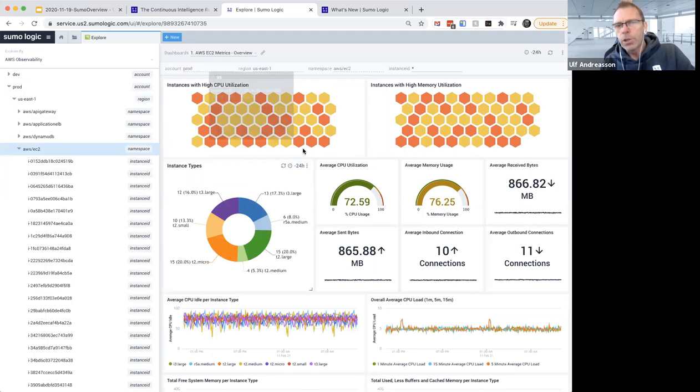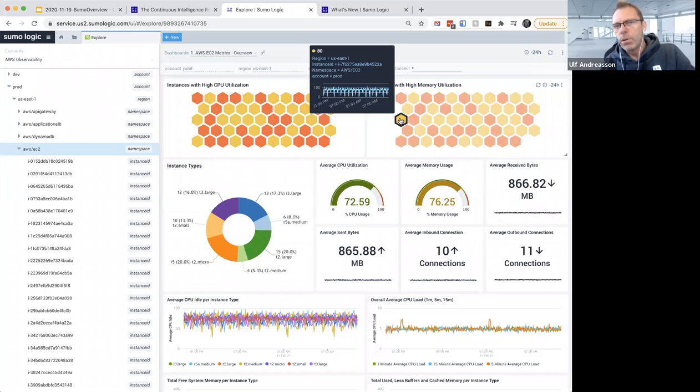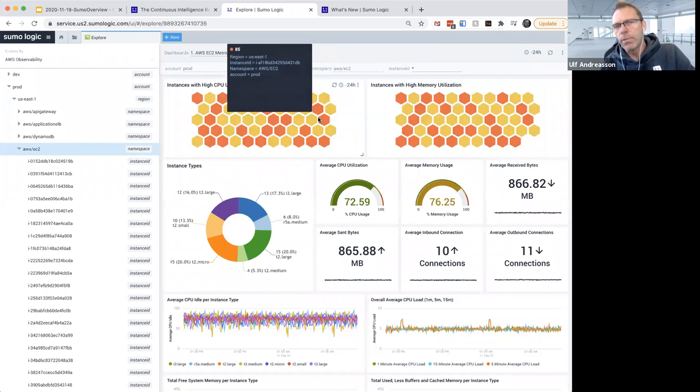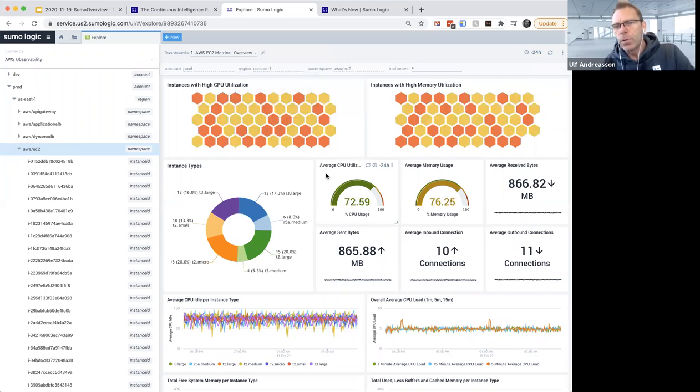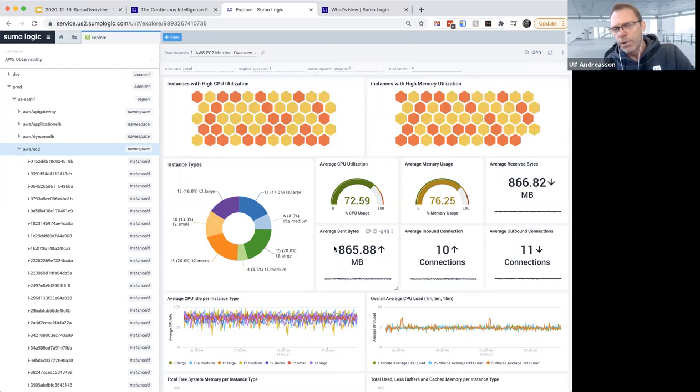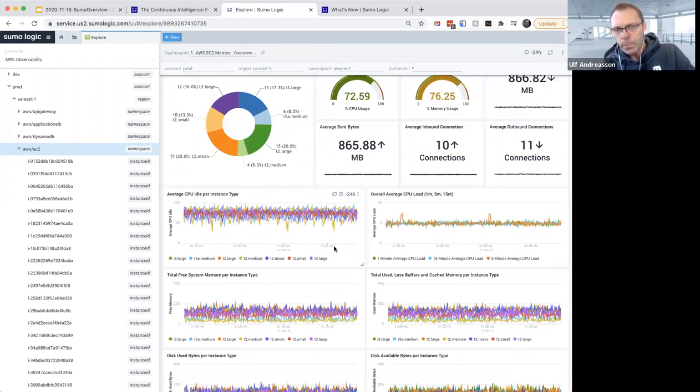But what I'm going to show you very quickly is the utilization of CPU and memory in this honeycomb dashboard. I can easily see the spark line, what's happening, depending on the different metrics or data we're looking at. And I can see an average CPU utilization and all sorts of different metrics in this way.